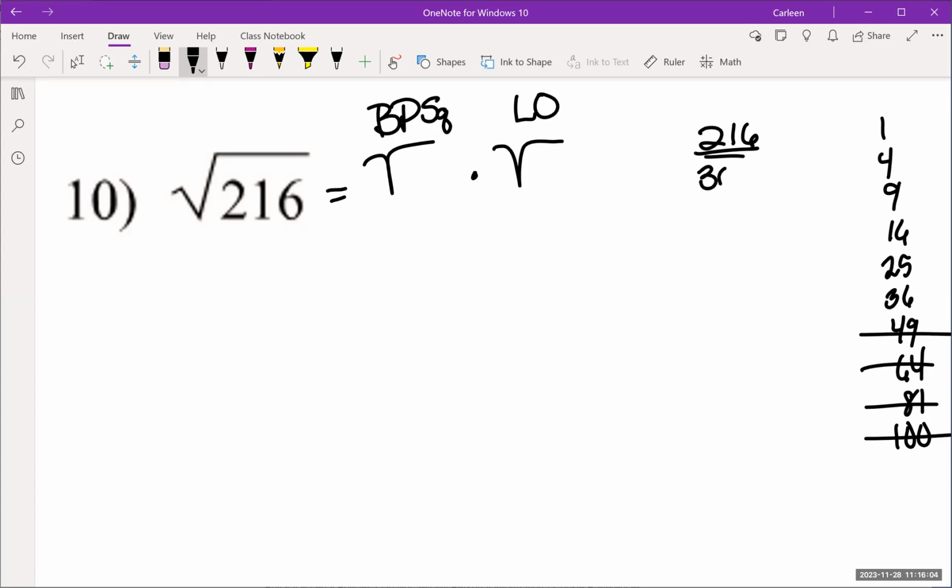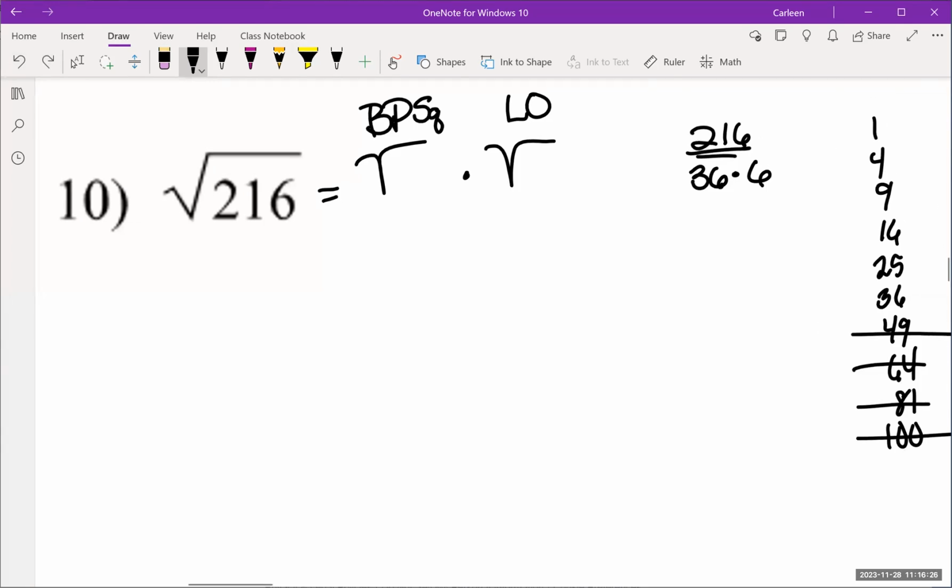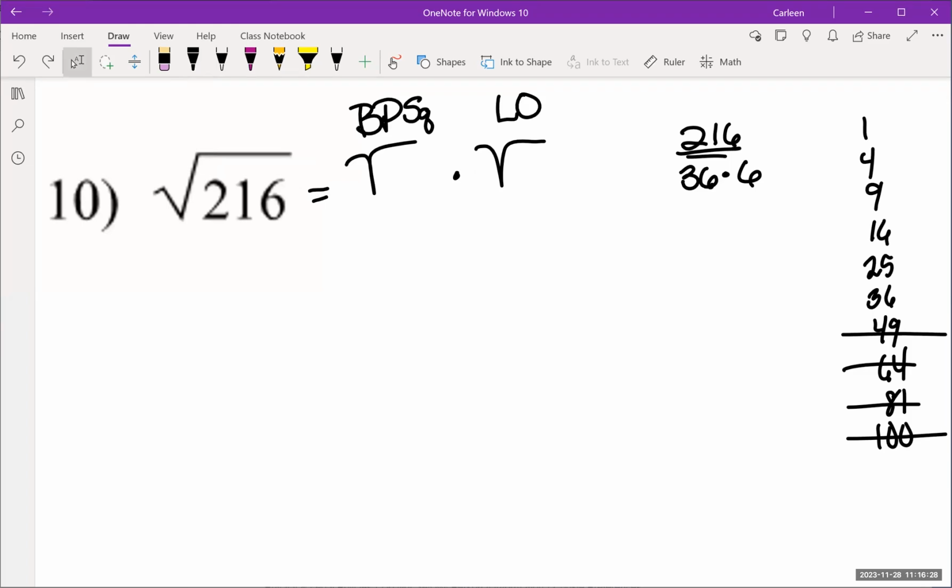216 is 36 times 6. Does everyone see how I got 36 times 6? This is the list of perfect squares. I actually like this way better, but we're going to do the other one too.